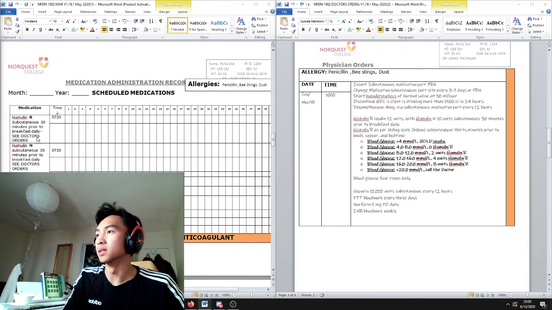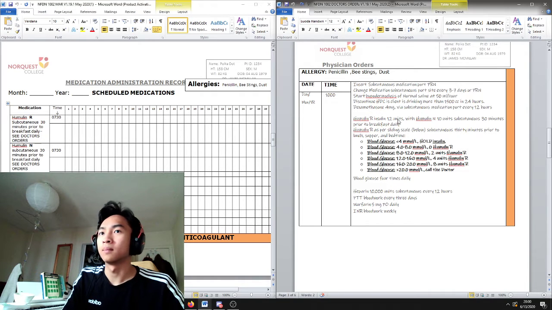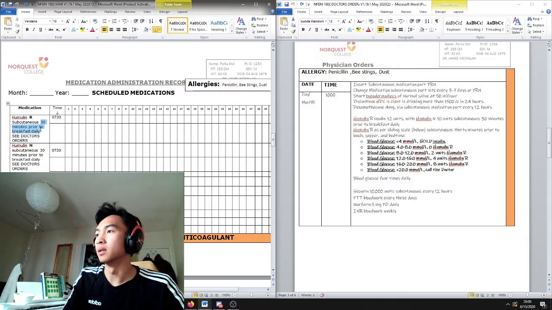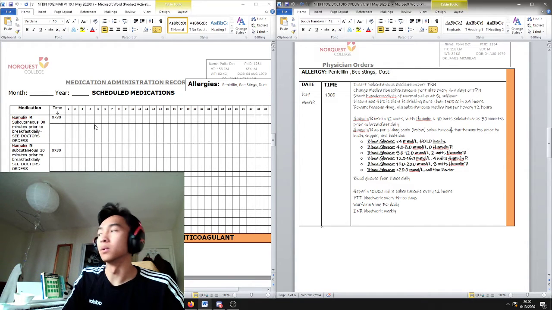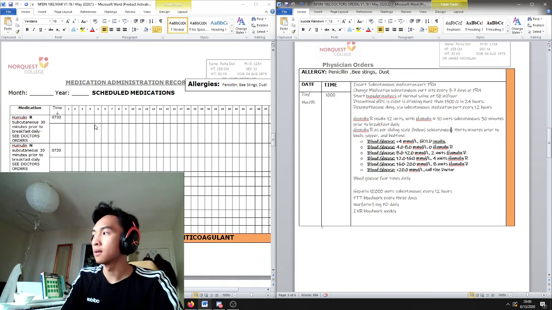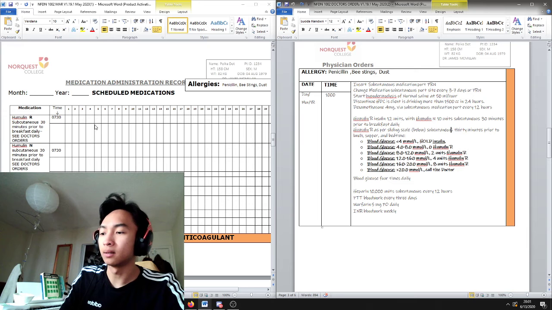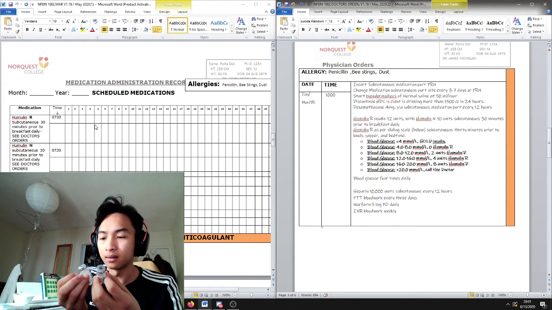The right route would be subcutaneous. And then the right time would be 30 minutes prior to breakfast, which is indicated in both. Next, I would check the expiration date to make sure that these two medications are not expired.